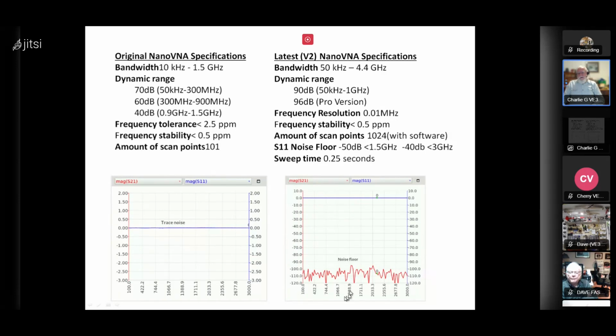And the noise floor in a sweep is worst case in the sort of 96 dB range, but it's averaging around the down 110. So it's very, very quiet. The original NanoVNA, its noise floor was higher. I couldn't find anybody who admitted to what those values actually were, but it was considerably higher than the V2.